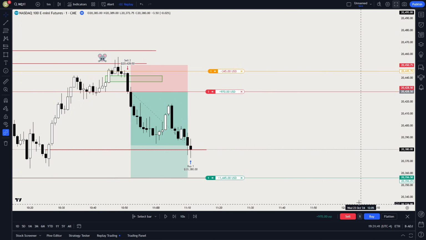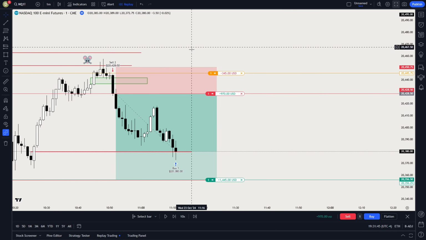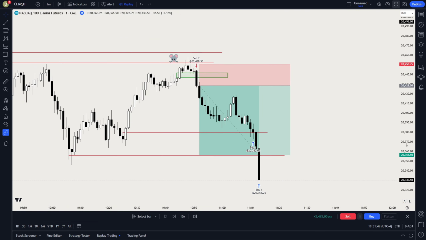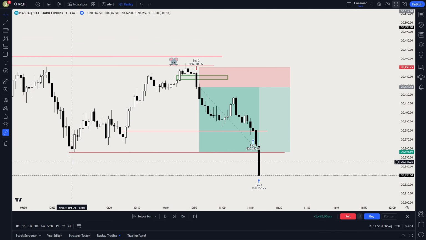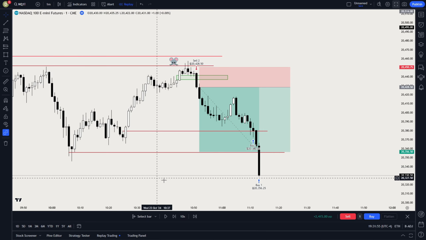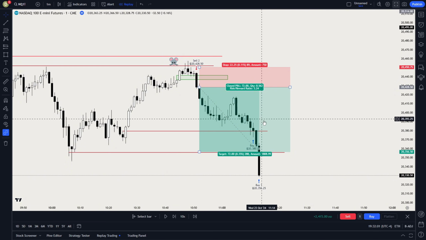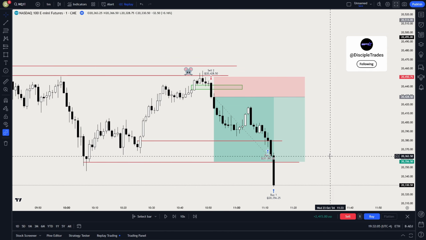Let's see. So I'm going to take off one of my contracts there. And then let's see. Price went crazy aggressive under that. So I guess we could have had our TP here, but you know, we're going to play it safe. We're not going for these crazy risky trades. And that was 72 points. Really fast too. That happened very quick. So that is a bearish example for you guys.